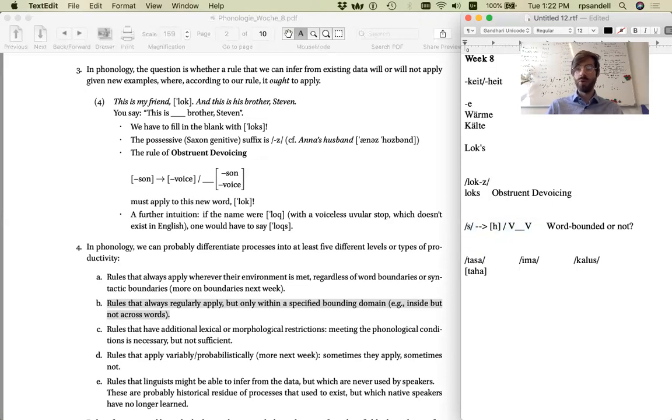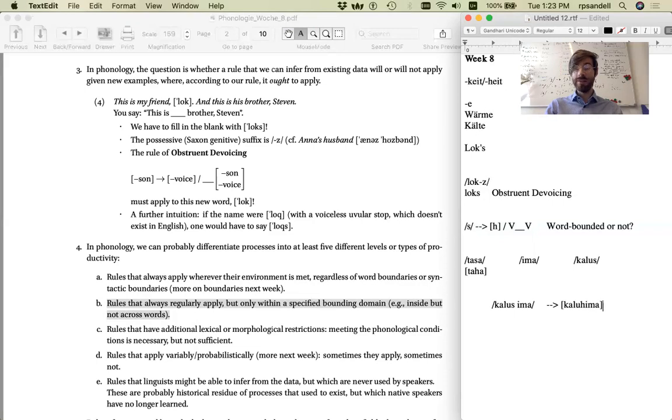If the rule is word bounded, and let's say that it's possible to have a phrase in this language, kalus ima, if the rule is not word bounded, then by the application of this rule, we should generate the phrase kalu hima, right?